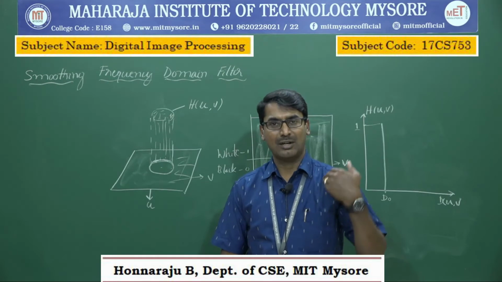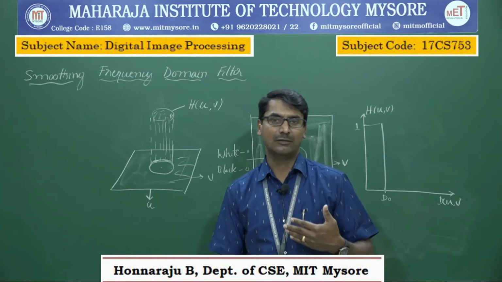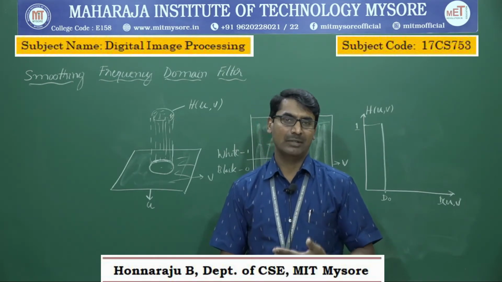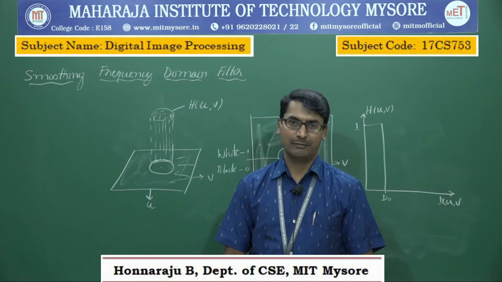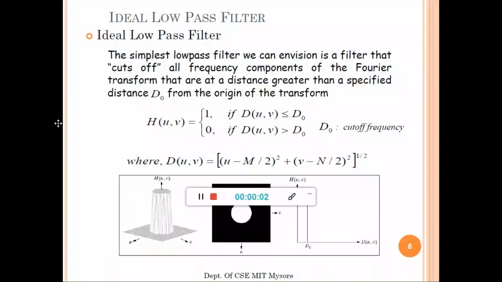Okay. Now, I will show you the implementation of the ideal low pass filter. Just now I explained the ideal low pass filter. It is represented by H of u comma v equal to 1 if D of u comma v is less than D0, and 0 if D of u comma v is greater than D0.